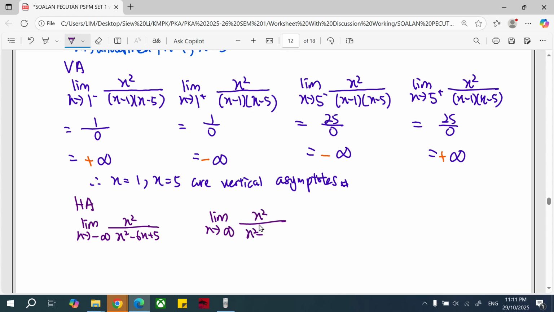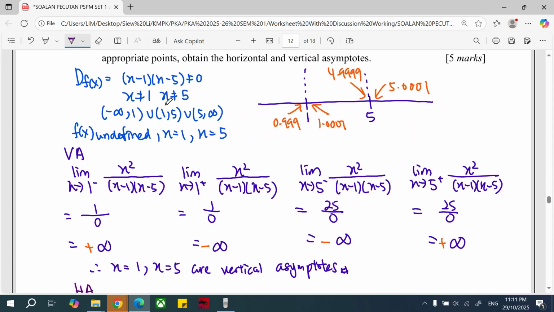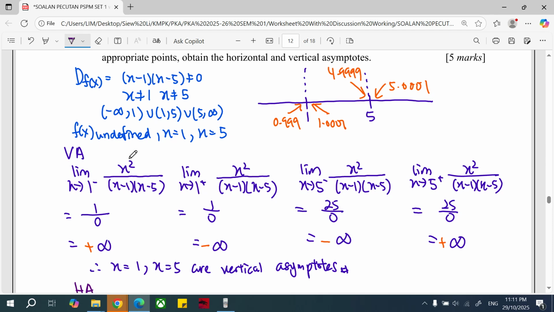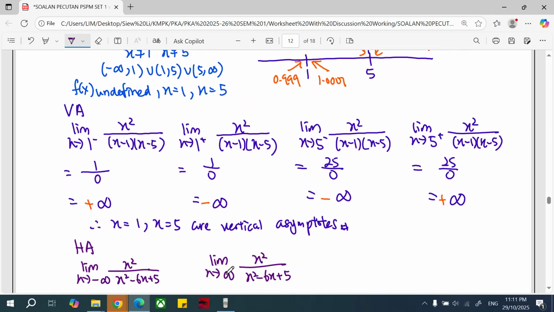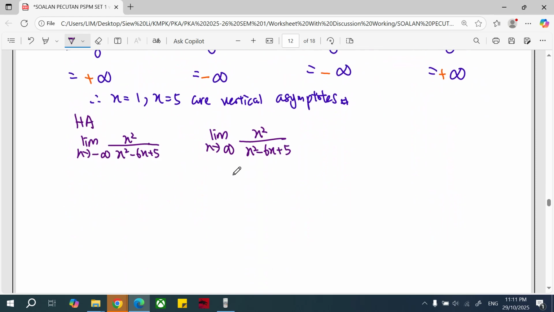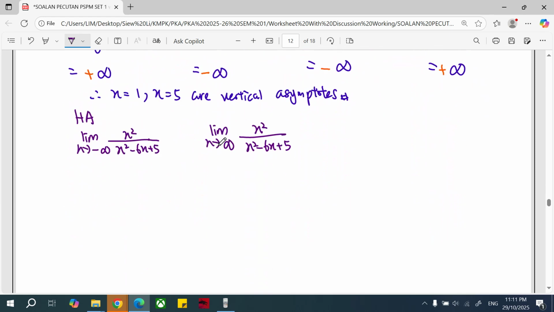Both of these we can calculate because our x here will approach negative infinity, and our x here also will approach positive infinity. When we evaluate this limit at infinity, we get infinity over infinity, which is indeterminate.